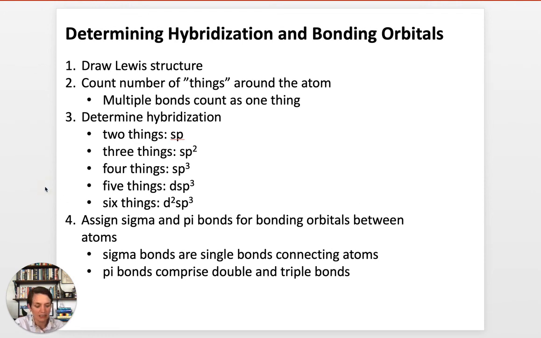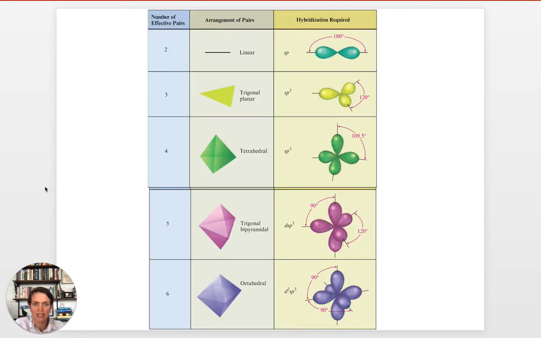And then one last thing. Sorry, I forgot I threw this slide in. This is also a really good chart. So number of effective pairs, right? An effective pair being a lone pair or single bond, right? Double bonds and triple bonds count as 1. Now we understand why, because that's 1 sigma bond.